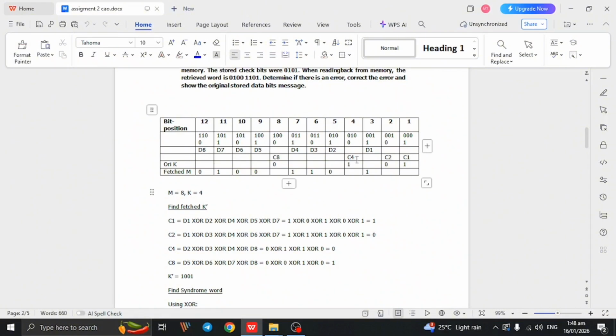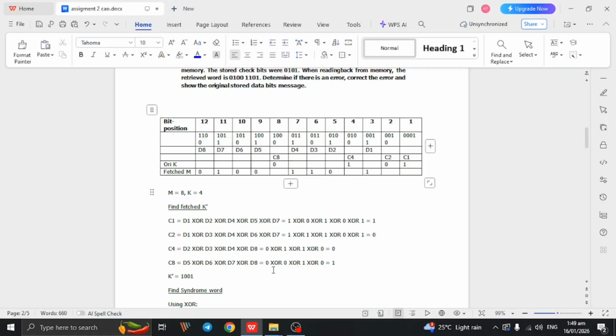The same for check bit 4. We look at the third position, for the data bits that have 1 in the third position, which is data bit 2, data bit 3, data bit 4, and data bit 8.